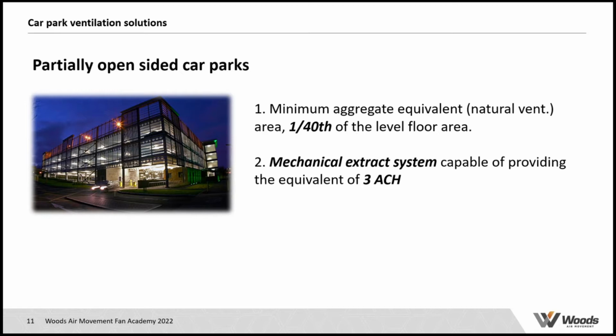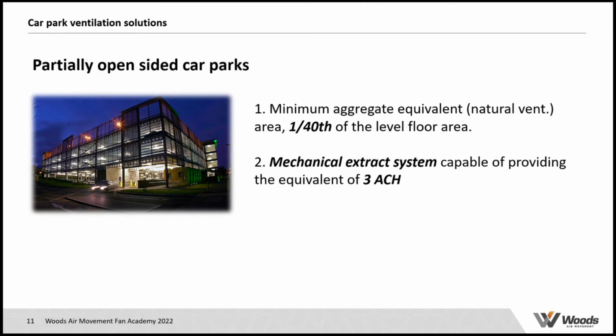So these systems will require a mechanical system capable of providing 3 air changes per hour. The background on this is that the mechanical ventilation system is only really designed to support the natural draft in the car park.